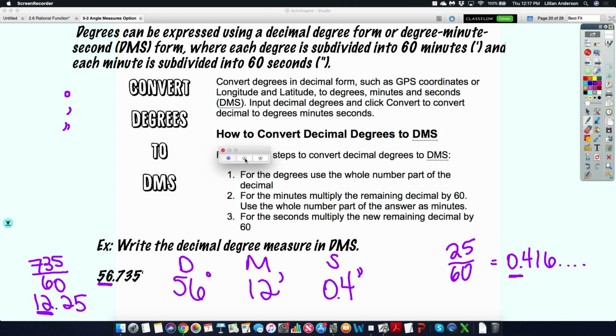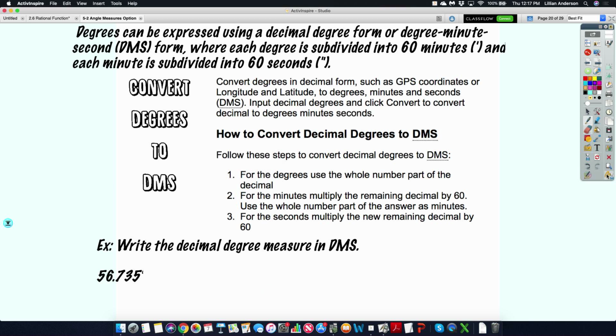All right. Messed up. It happens. This is actually how you go from degrees, minutes, seconds to decimal degree form, when you divide. I made the mistake of using it to go from decimal degree to degrees, minutes, seconds. The correct way to go from decimal degree to degrees, minutes, seconds is you don't divide by 60, you multiply by 60.